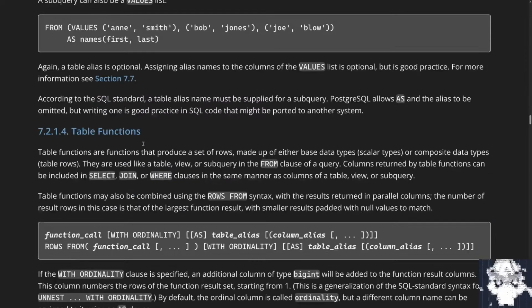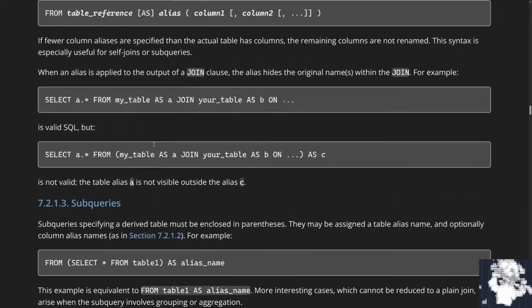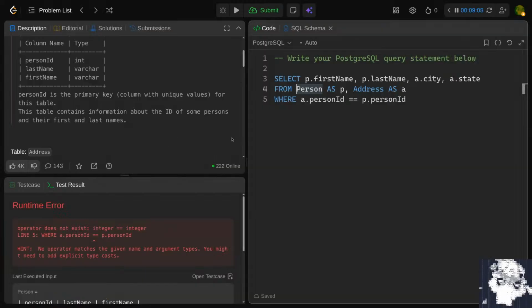Because I also know that I want to do a left join, because I want values even when there's no address. I want all of the people even when they don't have an address.